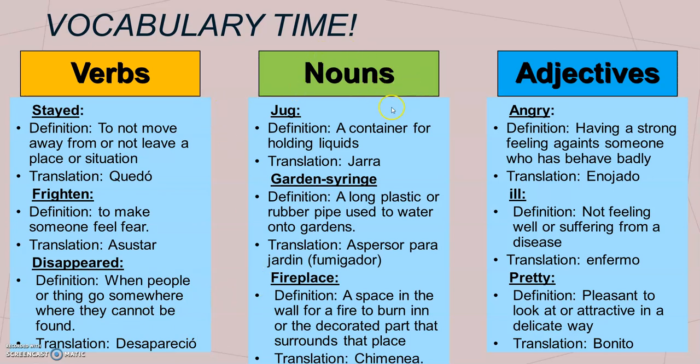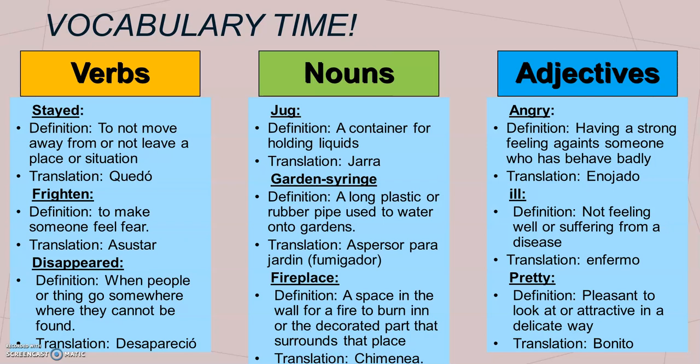Here we have the group of nouns or sustantivos. We have the word jug, which is a container for holding liquids. Yes, a jar, un jarro. Then we have a compound word, garden syringe. This is a kind of instrument or a long plastic rubber pipe used to water the garden. That is aspersor para jardín.